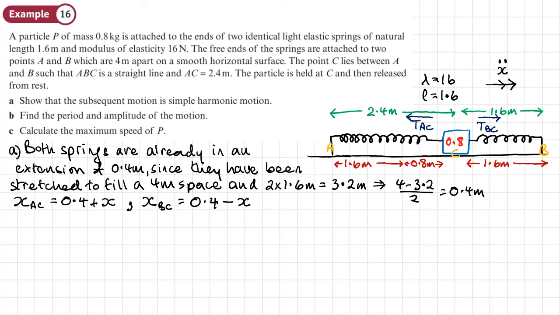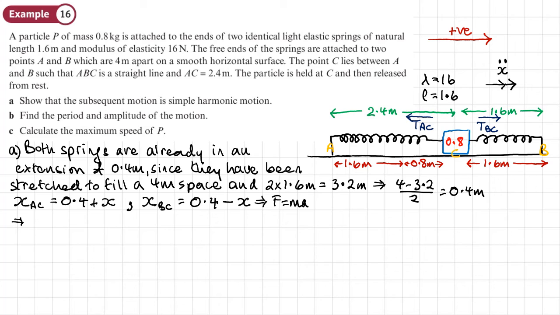So if I now take to the right here as positive and write my equations, I'm now going to be using F equals ma. What I will have, in terms of my forces, is the tension of BC minus the tension of AC.